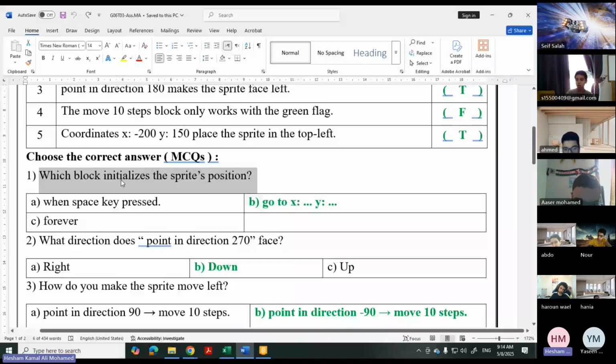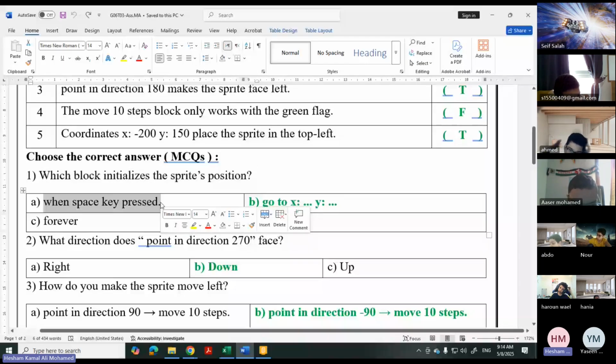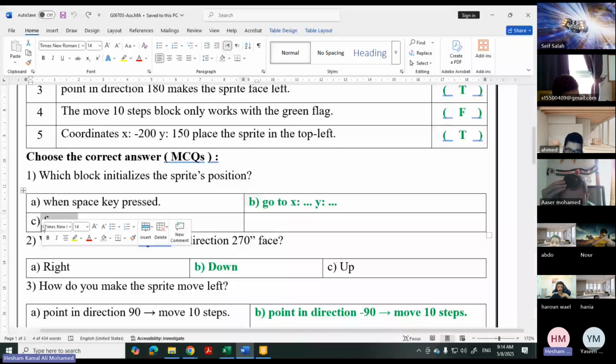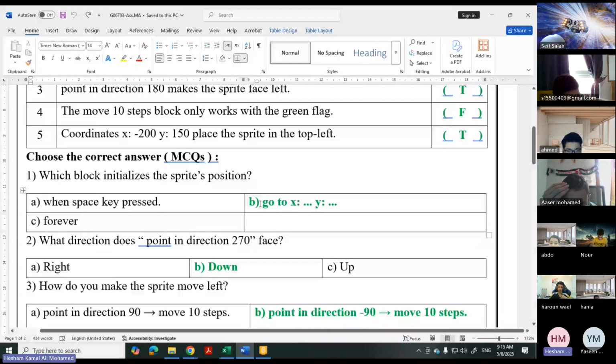When the space key is pressed, you can go up, down, left, and right. Forever means something is happening without an end. But the block that positions the sprite is go to X and Y. The answer is B, because it goes to X and Y. It places the sprite where it belongs.